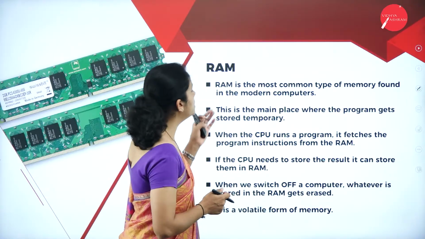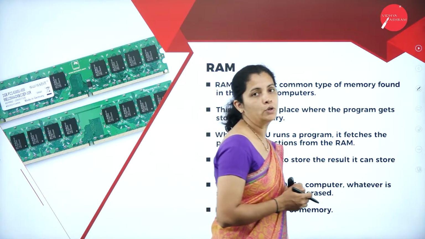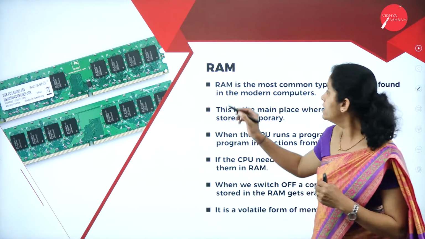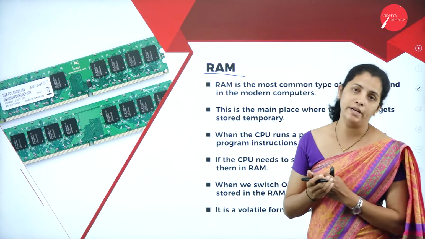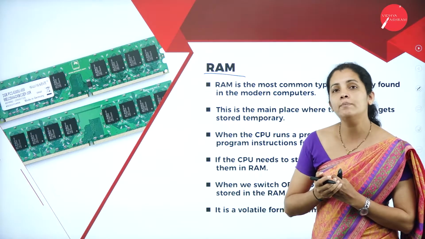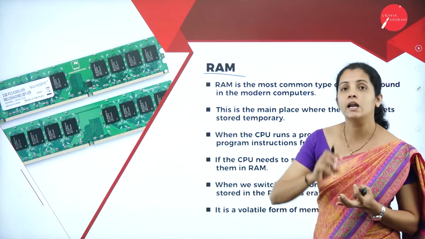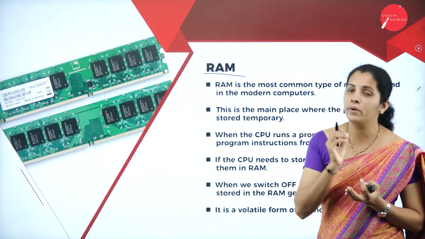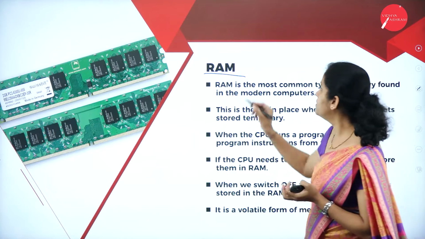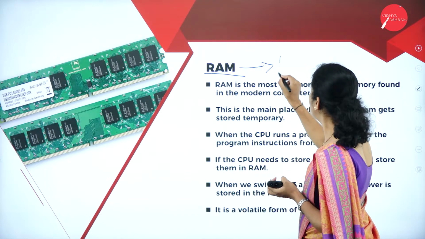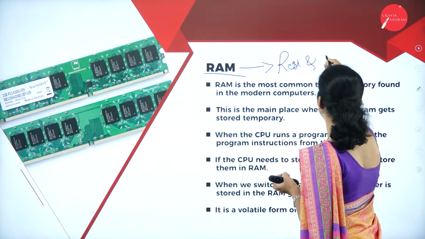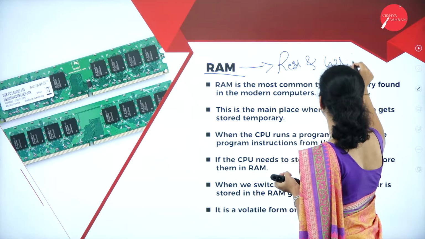Moving further, in my today's session, I'm going to deal with random access memory. The name itself indicates that you can access the data randomly and perform operations randomly. That means you can perform read and write operations.